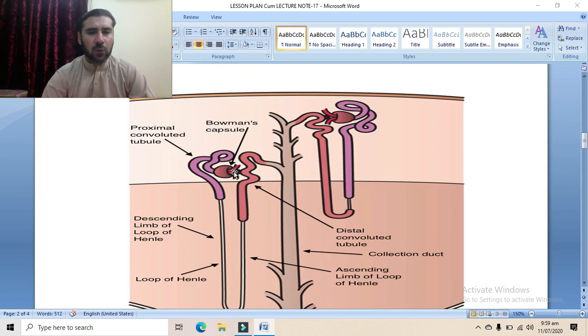It consists of 2 parts, the glomerulus, the capillary network, which is surrounded by the Bowman capsule. Now starting from this Bowman capsule, the first area, which is highly coiled and convoluted, is the proximal convoluted tubule of the renal tubule.